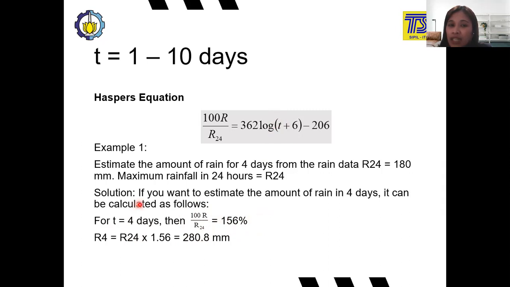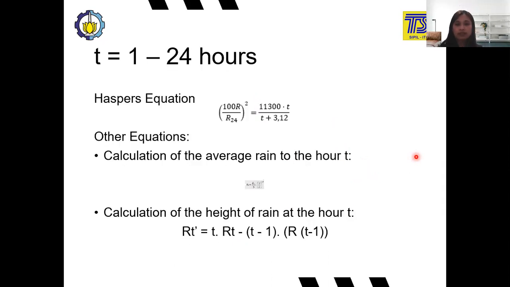After that, we can estimate the amount of rain for 4 days equal to this R24 times 156%, or 1.56, which equals 280.8 millimeters. So that's the height of the rain that happens for 4 days if the maximum rainfall in 24 hours is 180 millimeters.